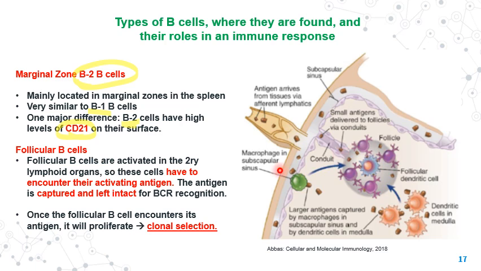Now, on the other hand, if you have a big chunk of antigen that doesn't go through these tiny little spaces, you can have either a macrophage that can carry it to the follicle area, or you can have some dendritic cells that can bring it into the follicle.